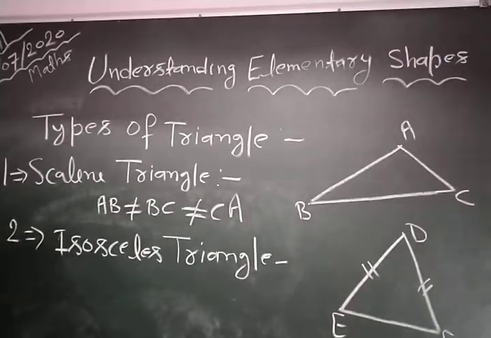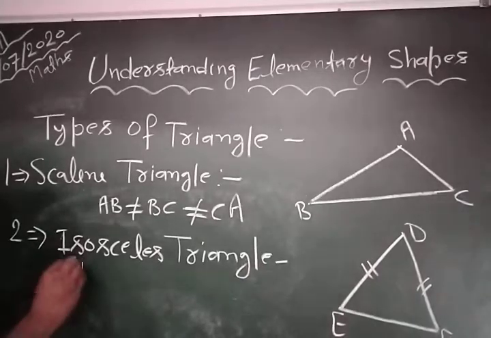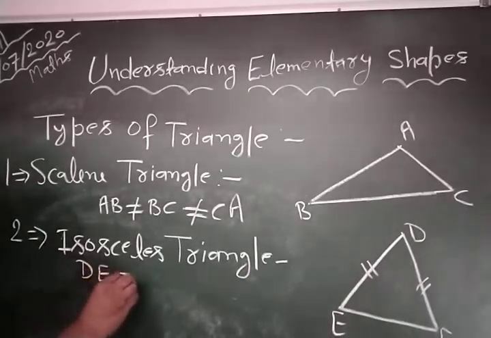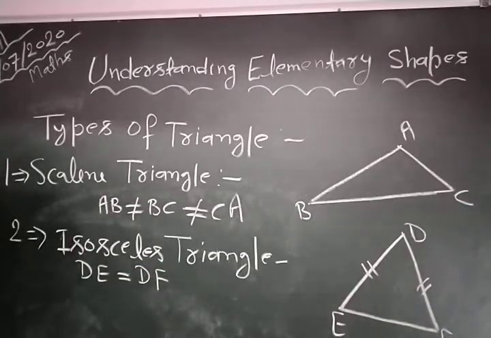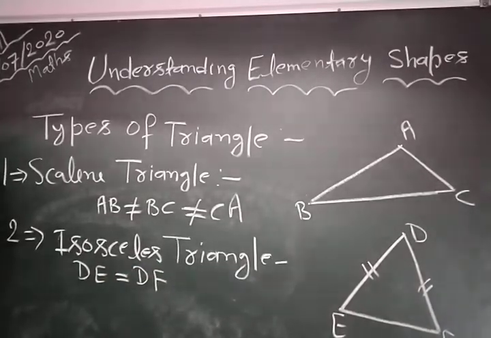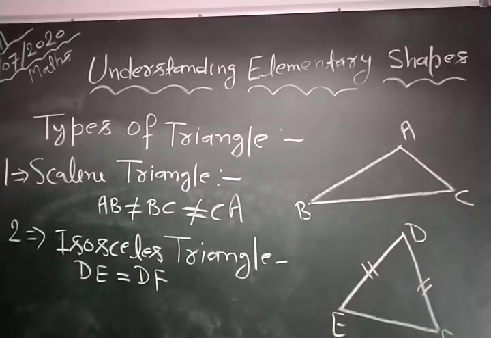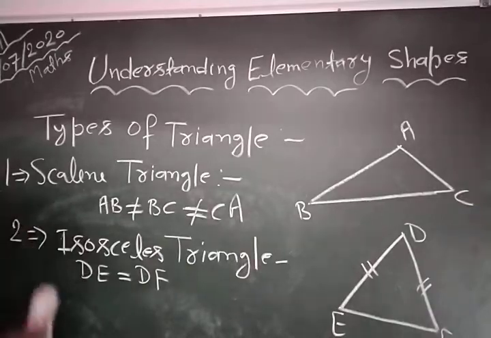So if any two sides of a triangle are equal, it is called an isosceles triangle. See, in this triangle DEF, you can see two sides, side DE is equal to side DF. So you can say this triangle is an isosceles triangle.